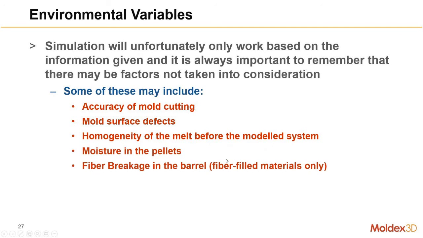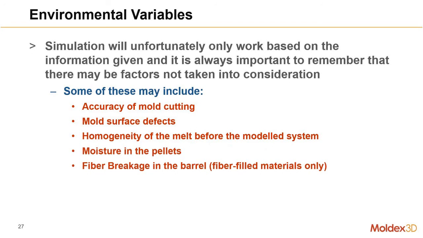Fiber breakage in the barrel, we can actually consider for simulation purposes, but this is only for fiber filled materials. Obviously, if you don't have any fibers, this isn't an effect that you need to look at. But the actual breakage of the fibers is going to cause the input into the simulation to be a non-uniform distribution of fiber length.